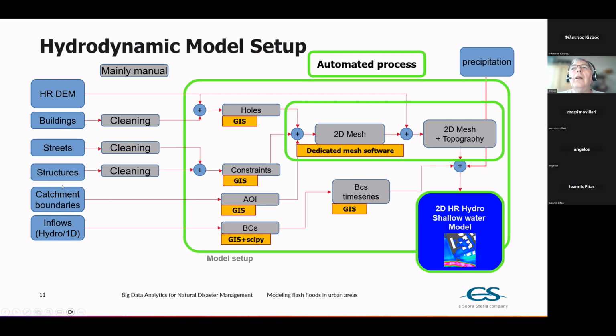building. You have to define the catchment, the limit of the river basin, the catchment boundary, and also define the attributes, I mean inflows, the smallest rivers coming into the area. Up to now, all this cleaning of data is partly manual, partly automatic.